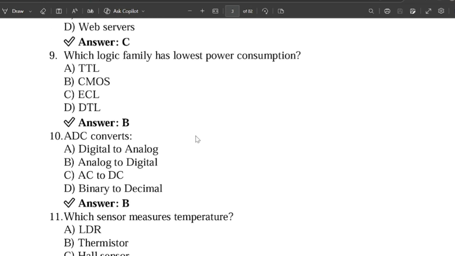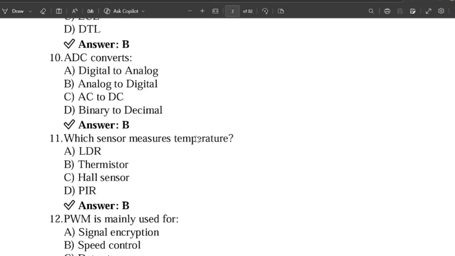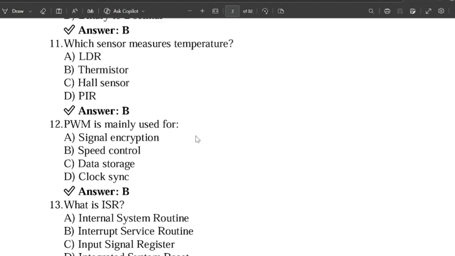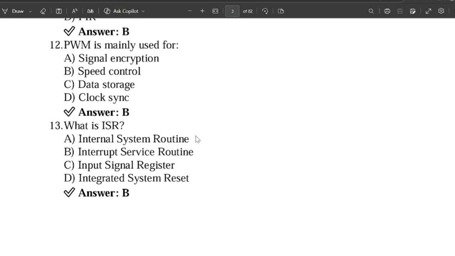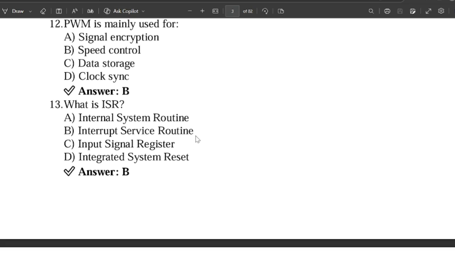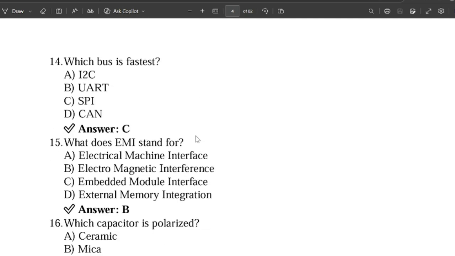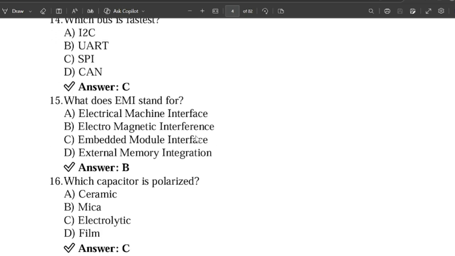Which family has the lowest power consumption? CMOS. ADC converts analog to digital. Which sensor measures temperature? Thermistor. PWM is mainly used for speed control. What is ISR? Interrupt service routine. Which bus is faster? SPI.